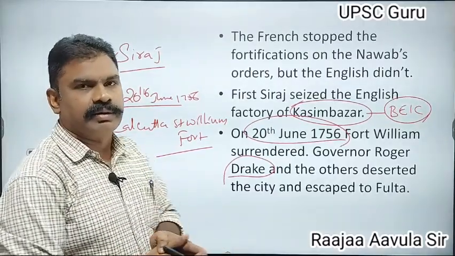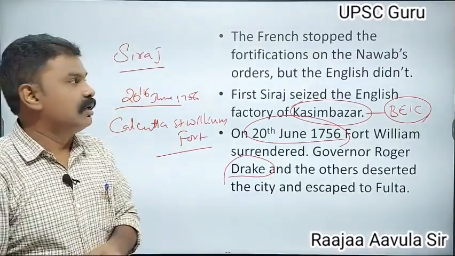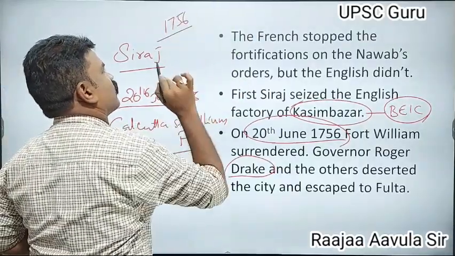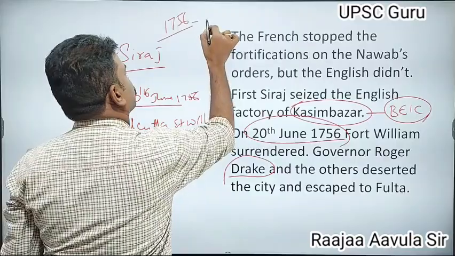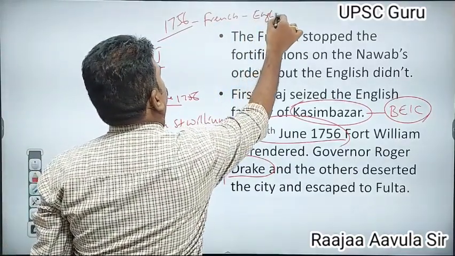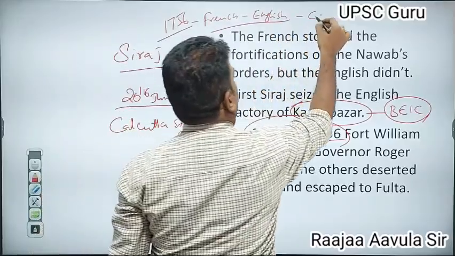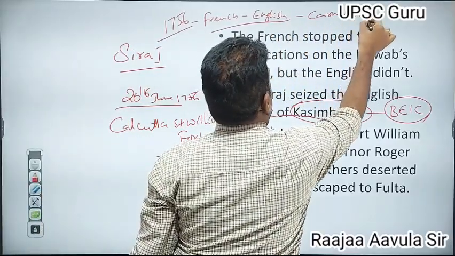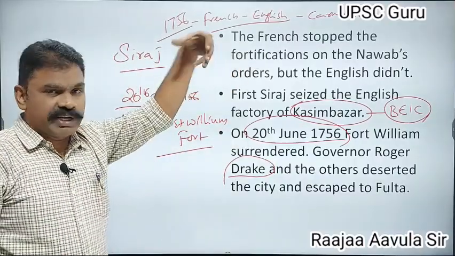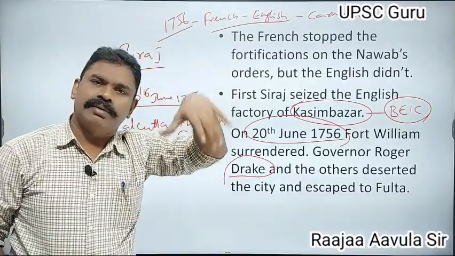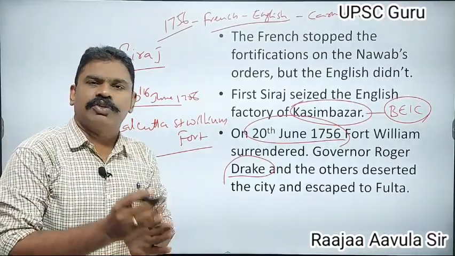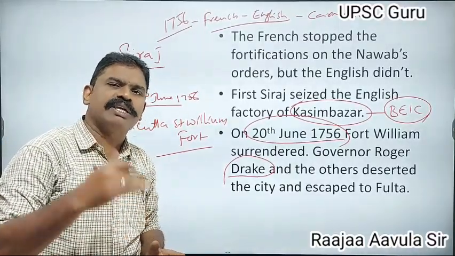Remember, coming to the point first: in 1756 there was an ongoing fight between the French and English in Karnataka. These are the Karnataka Wars. By this time, the French and British started fortifications in Bengal. Siraj-ud-Dawla ordered them to stop.